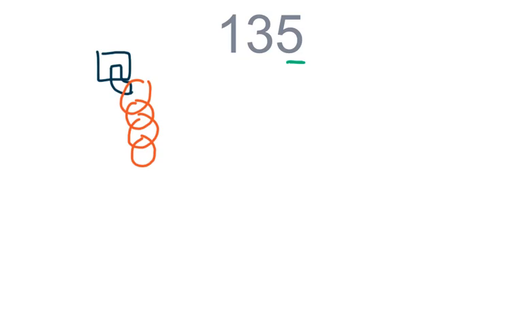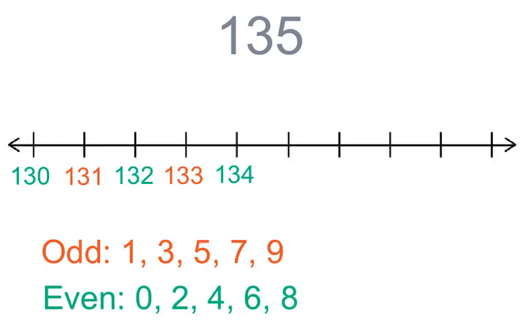What number is in the ones place? 5. Nice job. What color chain are we going to add today? Red. Good. We make our chains in sets of 5. 5 reds and then 5 blues. Once we get a new set of 10, we make a new chain. Now we have 5 red links to represent the 5 in the ones place of our number 135.